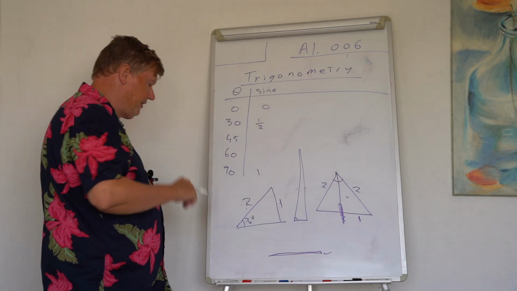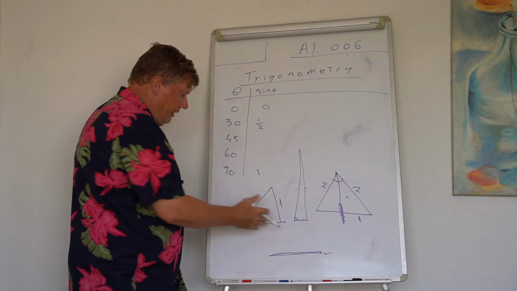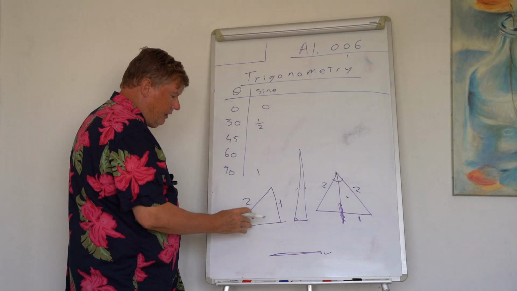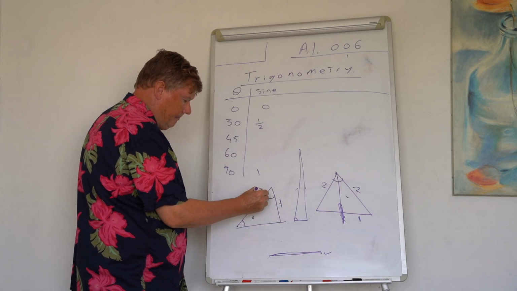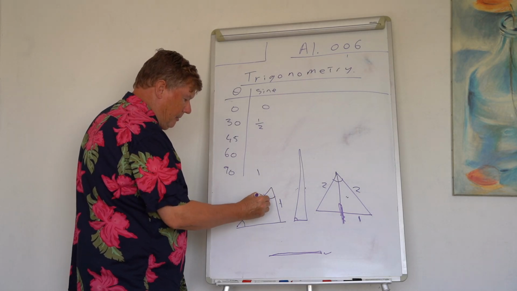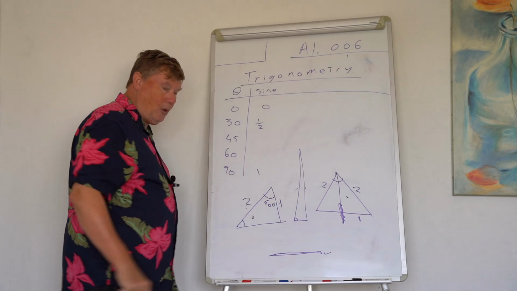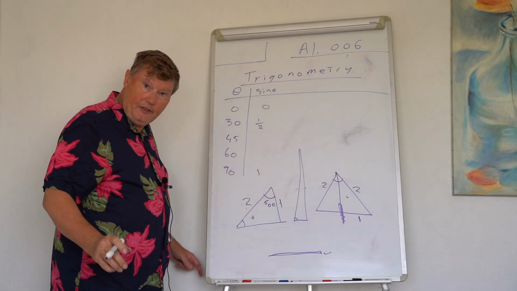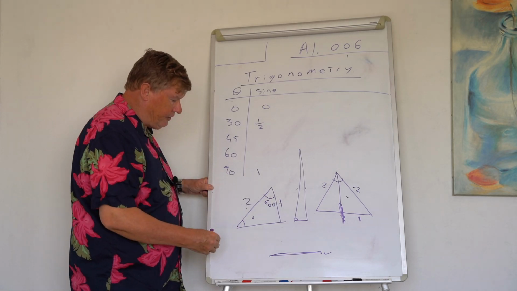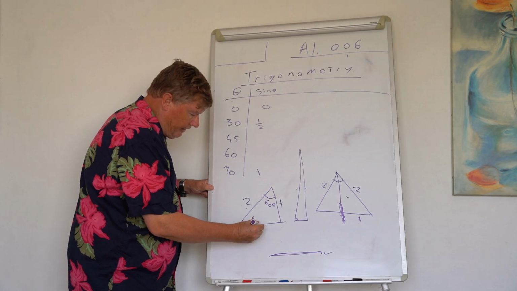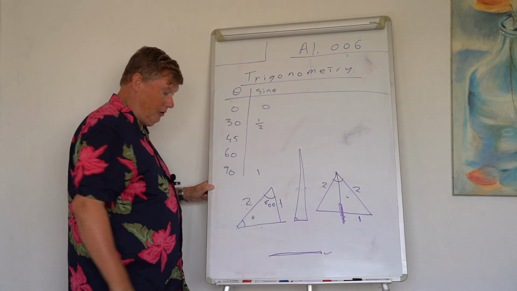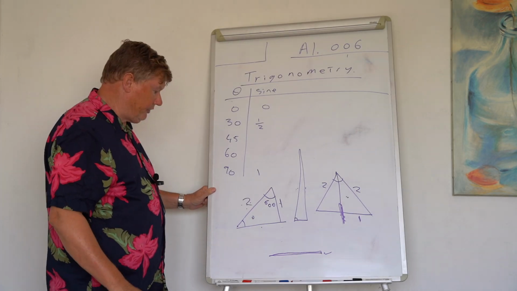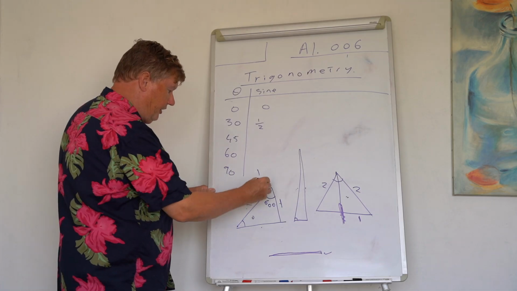Let's think about this. One way of thinking about it is to take this triangle and look at it from that point of view there. And you know that's going to be 60. So the question is, what is the sine of 60 degrees? The sine of 60 degrees in this case would be whatever that side is divided by 2. Well, let's use Pythagoras to work it out. This is the hypotenuse.